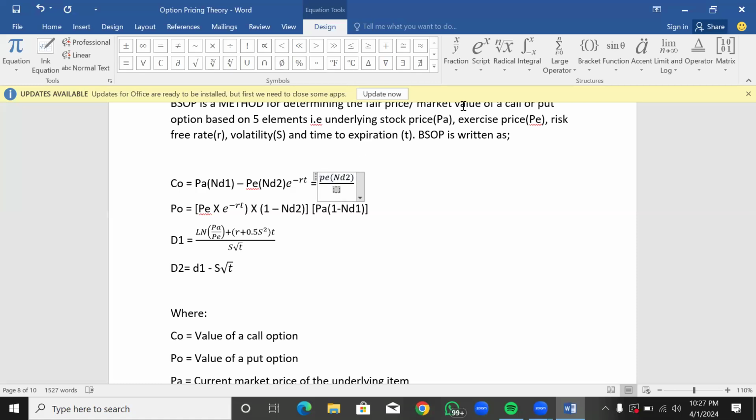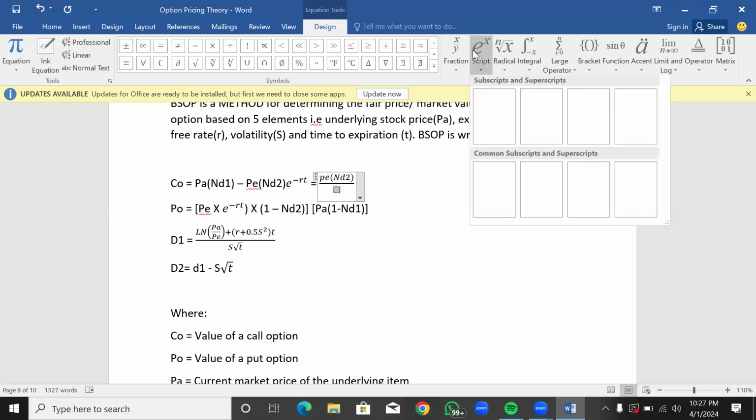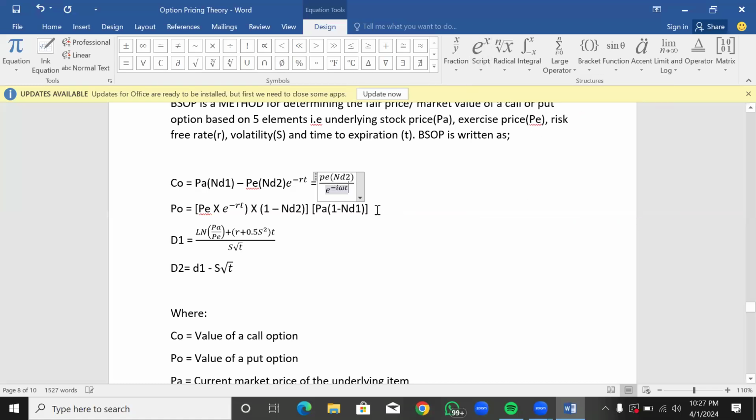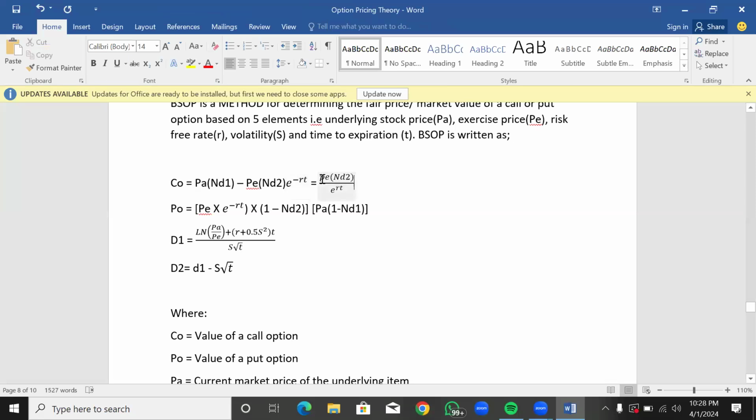Do you know that this is also the same thing as this? This formula here, this PE ND2 over, is still the same thing as this.